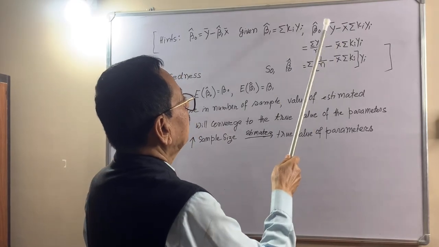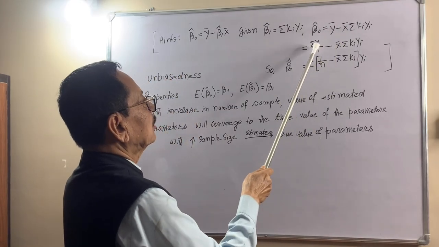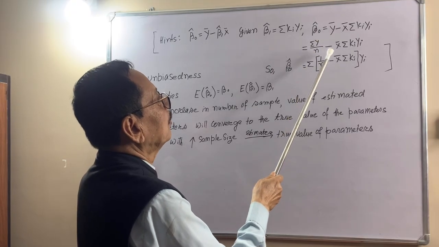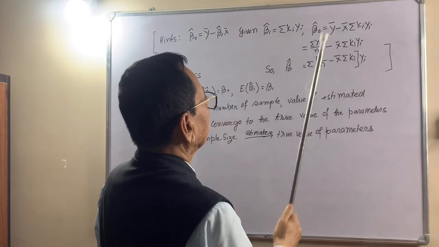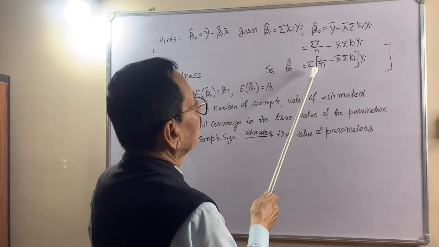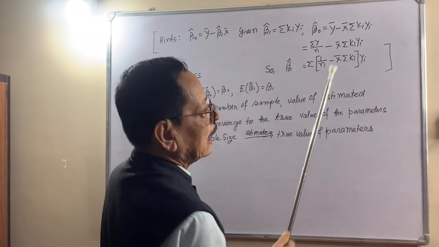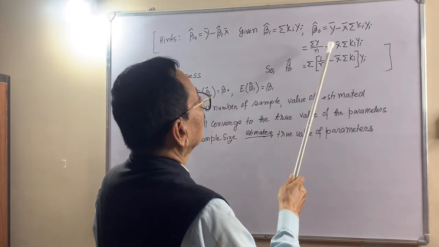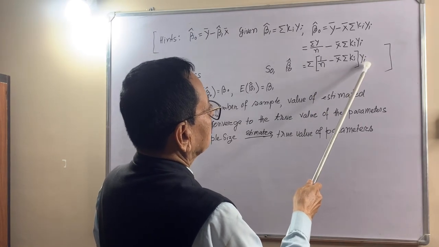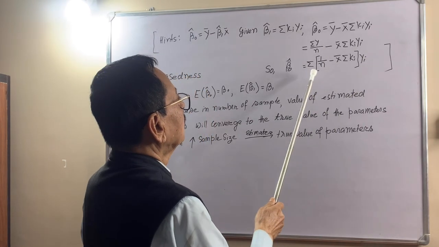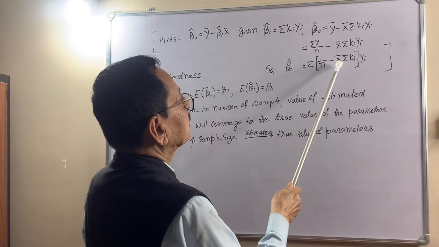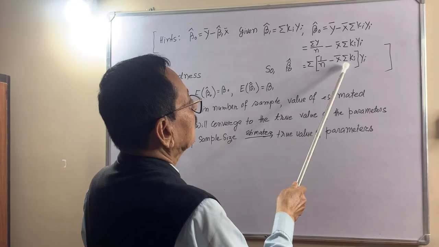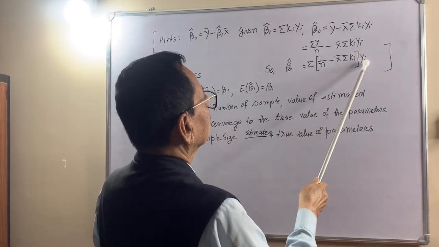Now y bar, the average of y, is summation y by n, minus x bar into ki yi. If we take yi common, then it is summation of 1 by n minus x bar ki into yi.